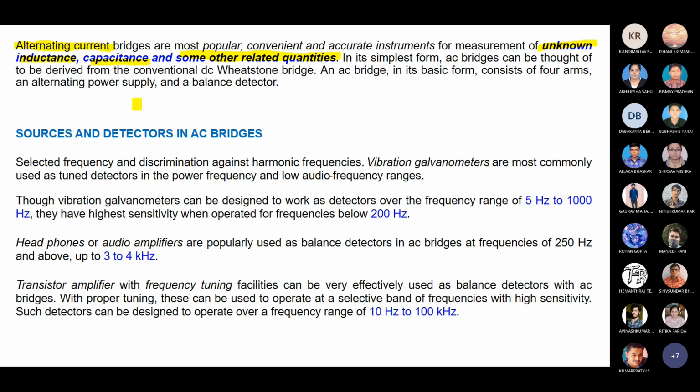The impedance contains a resistive portion as well as a reactive portion. There is capacitive reactance and inductive reactance.